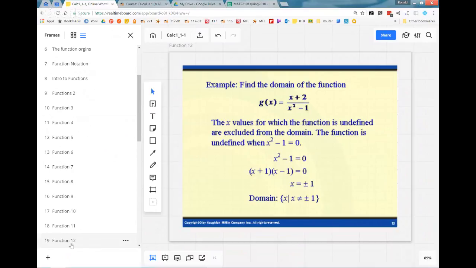You cannot divide by 0. And so for the domain here, we have to exclude x being 1 and x being negative 1. Anything else will work. It's okay if the denominator is negative. So here we just write for the domain the two things that x cannot be.